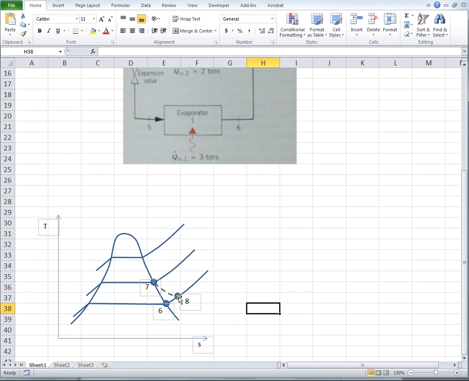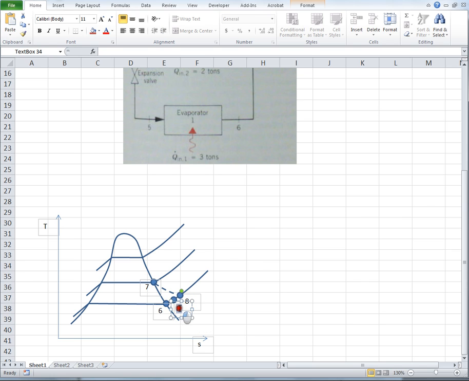And exactly where in between, I don't know. But my state 1 is going to fall right in between these two. And so that's going to cause a little bit of a complication as far as this drawing, I think. Let me try to shift 8 up here a little bit further away. And I don't know if that'll clear things up or not. And maybe bump this guy over. Okay, but anyway, in between there will be the state 1.